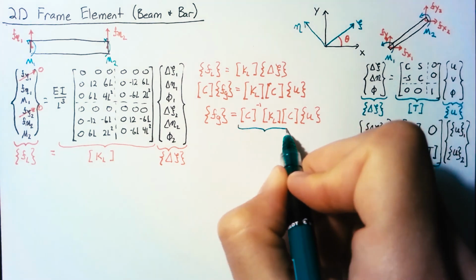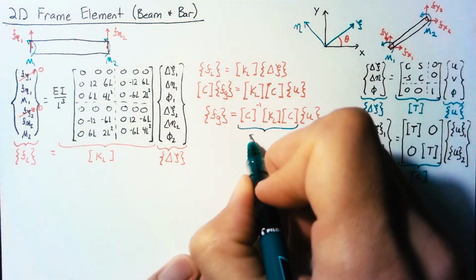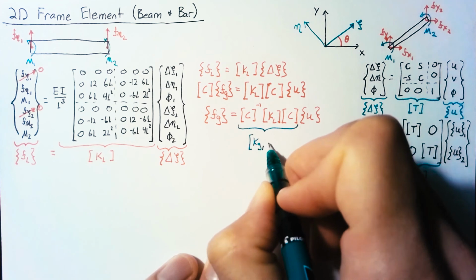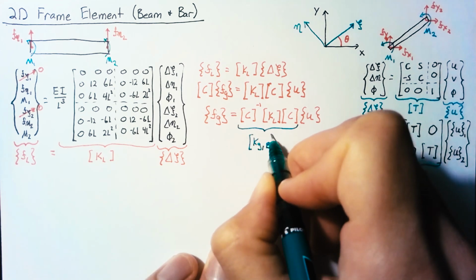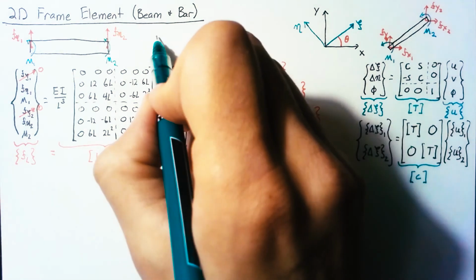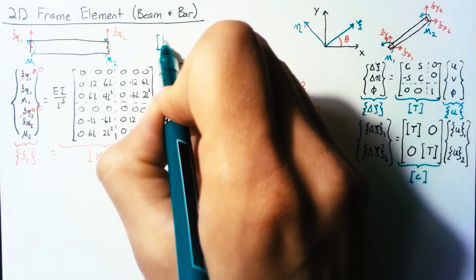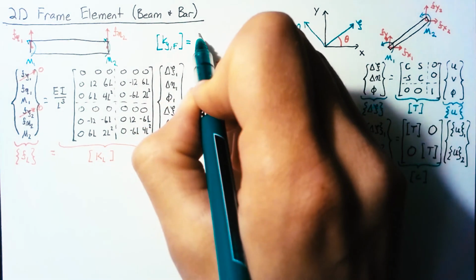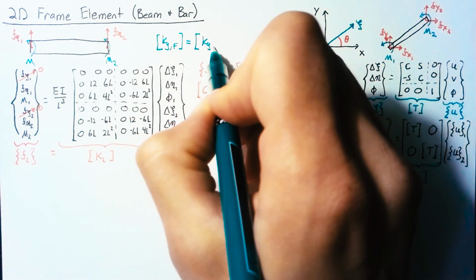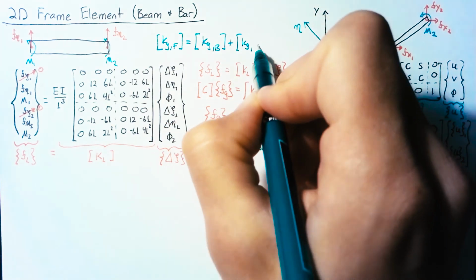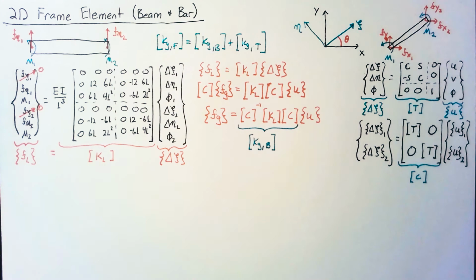And then, as before, these three matrices become our global stiffness matrix. And I'm going to write that this is the global stiffness matrix for the beam element. The reason is we're going to need both the beam and the truss. And in fact, we can say that the global stiffness matrix for the frame is simply equal to the sum of the global stiffness matrix for the beam plus the global stiffness matrix that we derived previously for the truss.